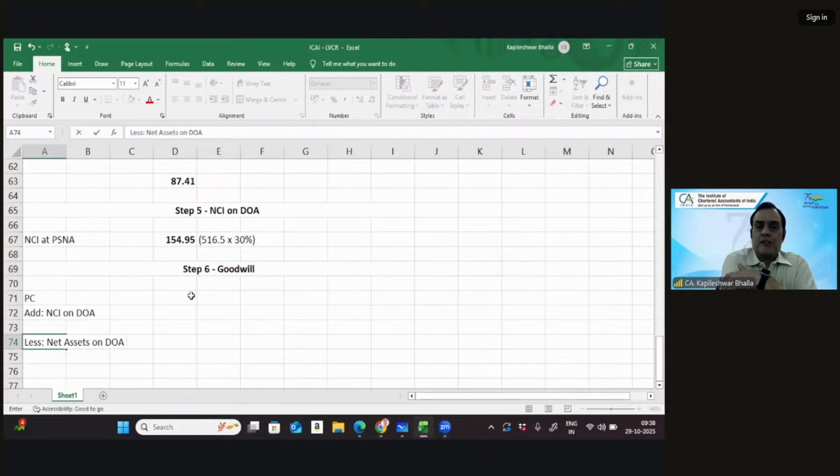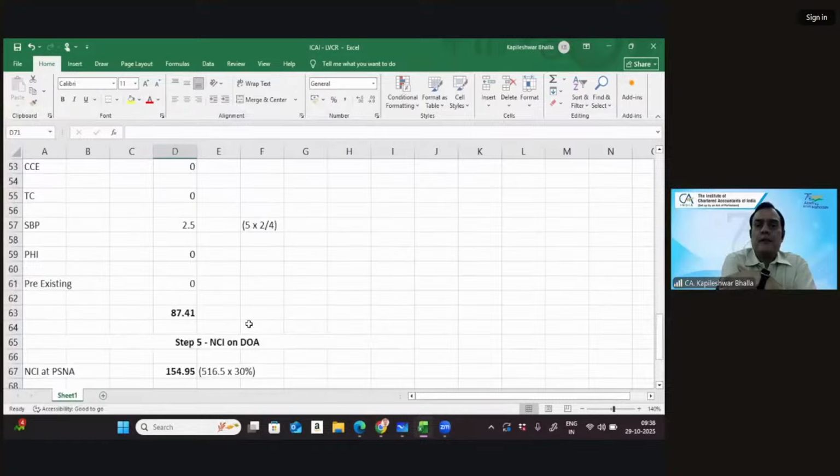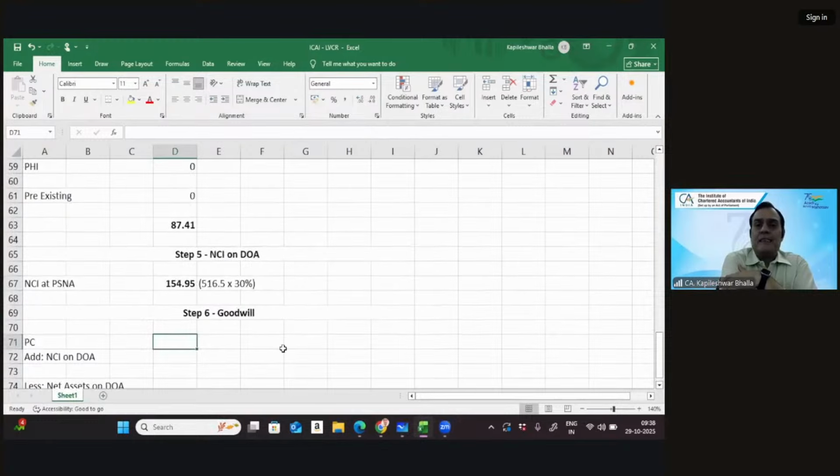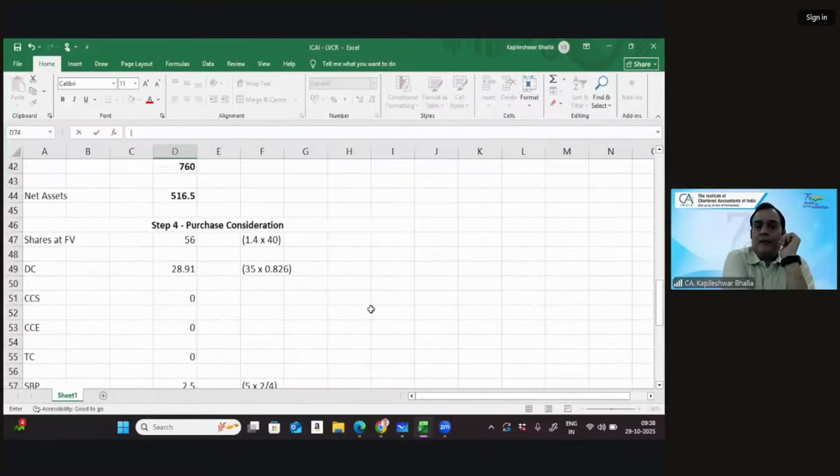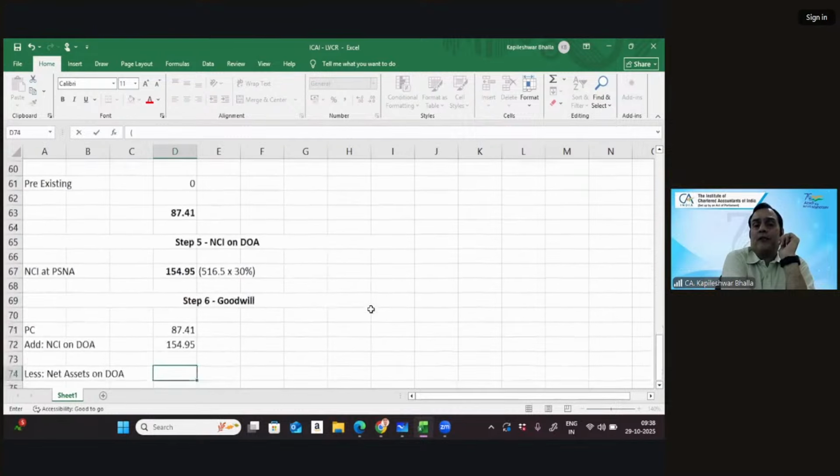So let's first go to the purchase consideration. The PC is 87.41. The NCI is 154.95. And let's take the net assets. The net assets we have taken is 516.5.